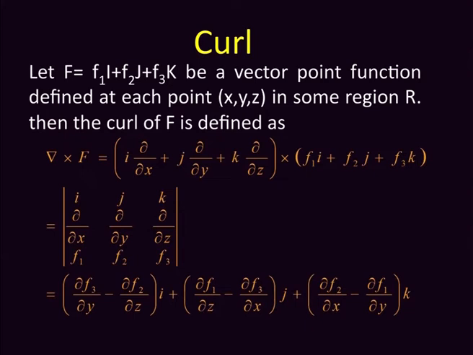It is equal to i del over del x plus j del over del y plus k del over del z cross product with f1 i plus f2 j plus f3 k, which can be expressed in the form of a determinant. It is equal to the determinant value of i j k, del over del x, del over del y, del over del z, and in the third row f1 f2 f3, which is equal to this expression.